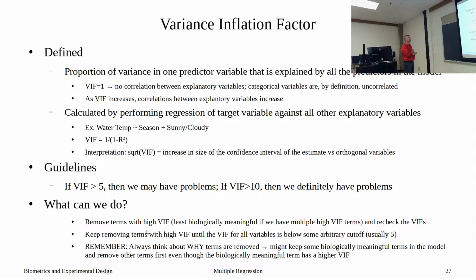So what is this variance inflation factor? This is a proportion of variance in one predictor variable that is explained by all of the other predictor variables. So it's kind of like a correlation. If our variance inflation factor is equal to 1, then none of the other predictors in our model are explaining the variance in our variable of interest.